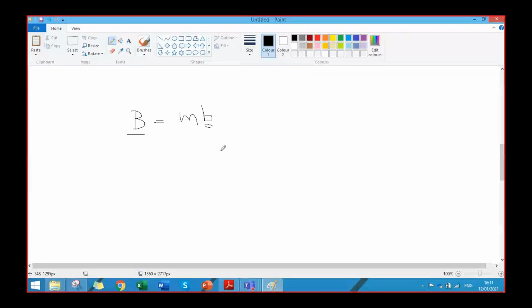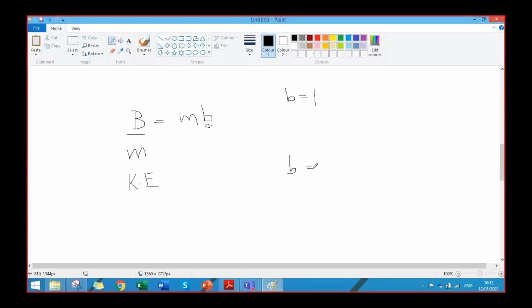Let's say, for example, if I say this capital B is m, then what would be the value of the small b? One. Yes, small b would be unity. If I say capital B is kinetic energy, then small b would be V square by 2, kinetic energy per unit mass.